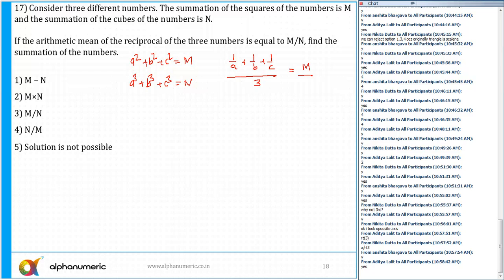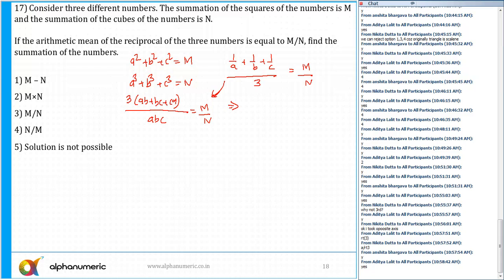to m by n. So this equation comes out to be, I'm writing it here, thrice of AB plus BC plus CA upon ABC is equal to m by n. Then find the sum of the numbers.